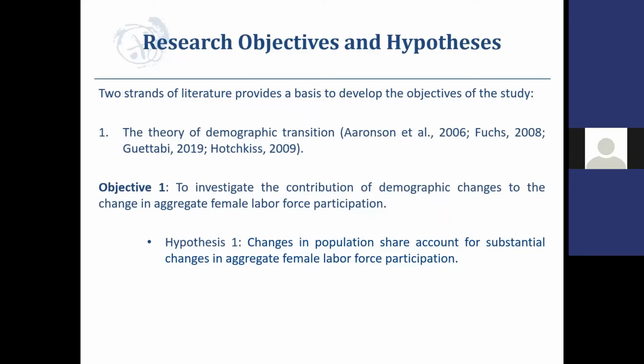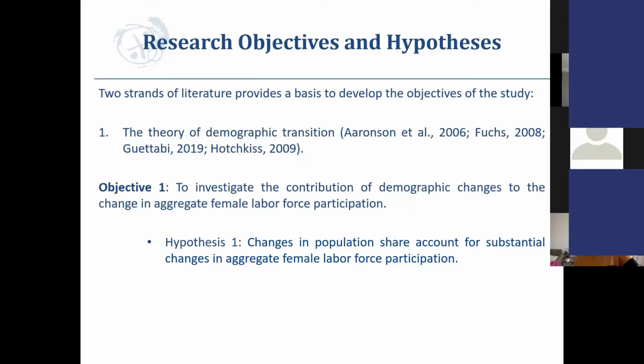So the first objective is to investigate the contribution of demographic changes to the change in aggregate female labor force participation in Pakistan. The corresponding hypothesis is that changes in population share account for substantial changes in aggregate female labor force participation, because for Pakistan, there's a gradual increase of females in total population, from 46% in 1960 to 49% in 2019.